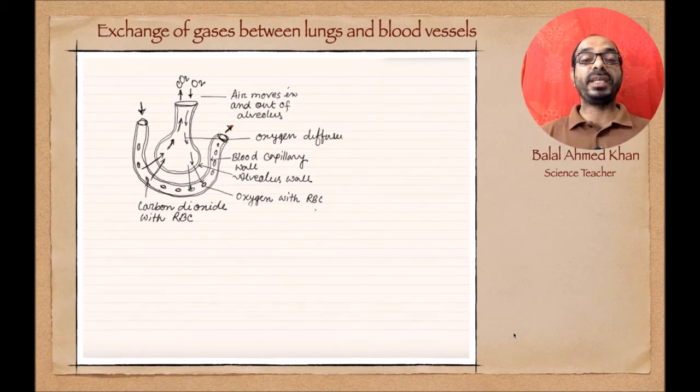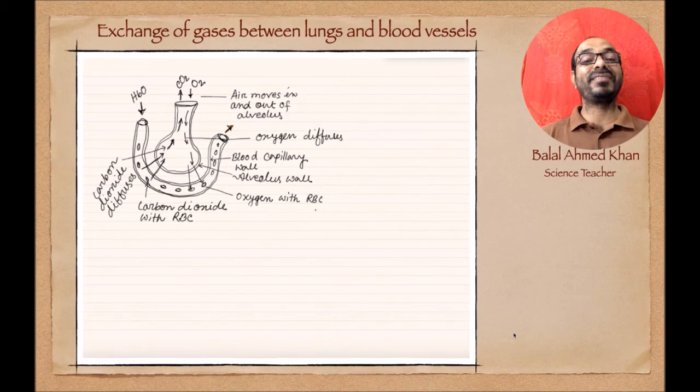Oxygen diffuses from the alveolus to the blood capillaries with the help of the diffusion process. So during inhalation, oxygen is transferred from the alveolus to the blood capillaries, and carbon dioxide also diffuses from the blood capillaries to the alveolus with the help of diffusion.